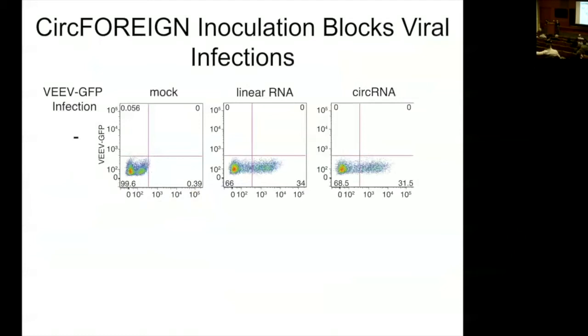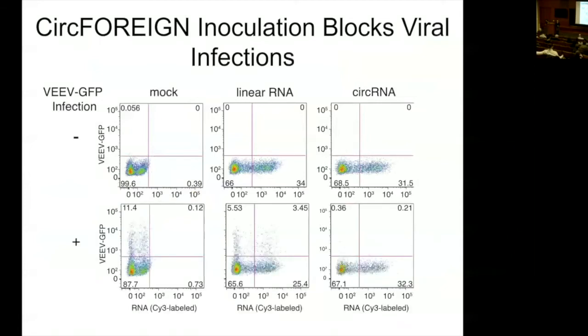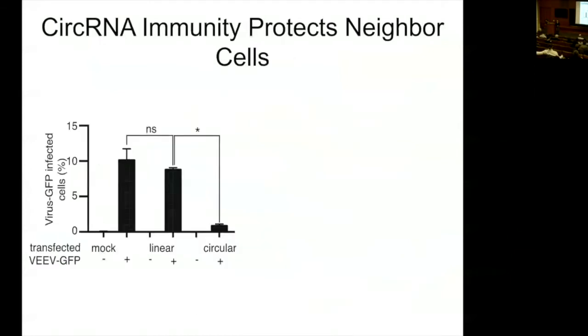Then we subjected those cells to a positive single-stranded RNA virus, the Venezuelan equine encephalitis virus, tagged with GFP, so we would be able to tell whether or not the cells were infected. And we find that indeed the cells first transfected with circular RNA were protected from subsequent viral infection. We quantify the data here, where the cells with circular RNA had significantly lower levels of VEEV infection.